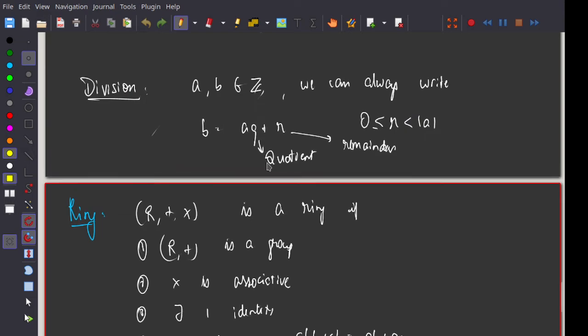Basically, Euclid's algorithm says that you can try to divide one integer by another, but maybe not exactly. Going back to your primary and high school arithmetic, given any two integers, you can always write one integer as the other times some quotient plus a remainder.